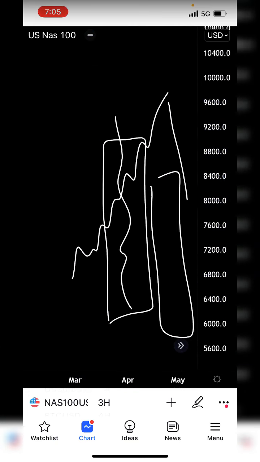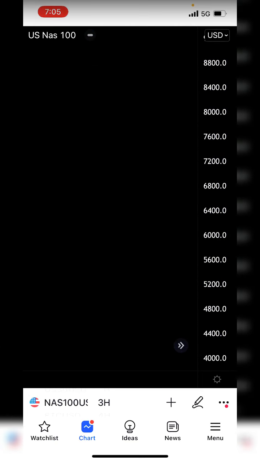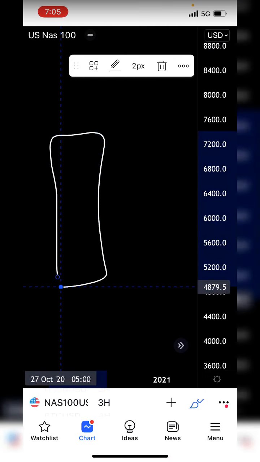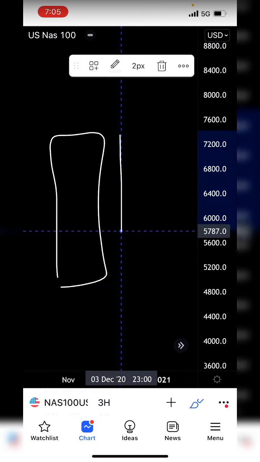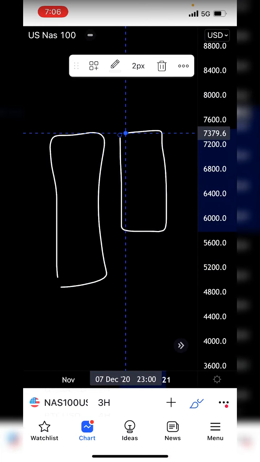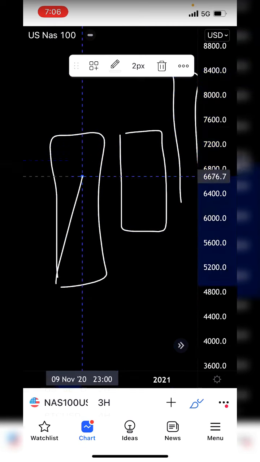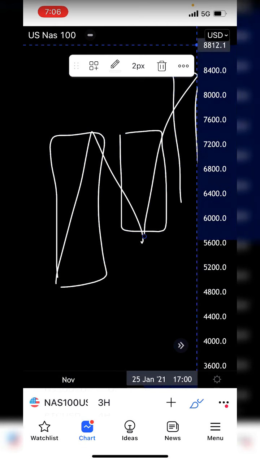Dang, this doesn't make sense. This is the higher time frame, the bullish. And when the smaller time frame pulls back, this will be the next candle. And then all the way back up, boom, to create a high. It's just high, low, boom. Makes sense? Hope so. That's how I trade.